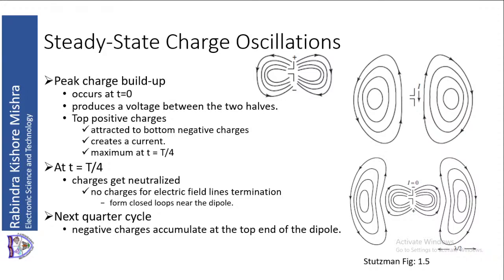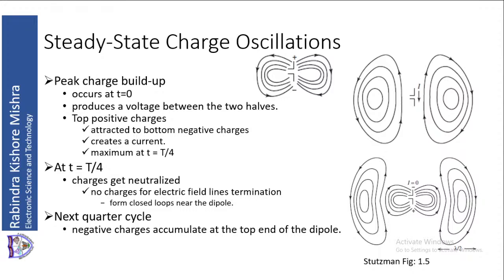Then we come to a point where the peak charge builds up. Now when will the peak charge build up? We started with small t equal to minus capital T by 4. If you remember a sine wave, 0 occurs at t equal to 0, then the maximum, sine of pi by 2, occurs at t equal to capital T by 4.